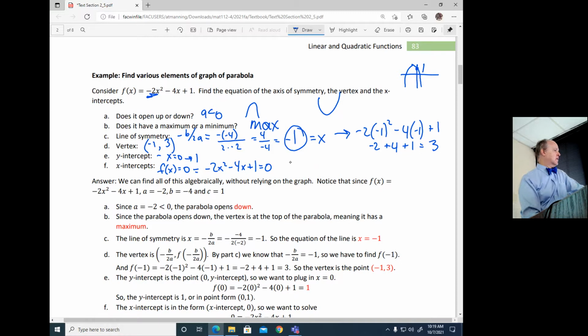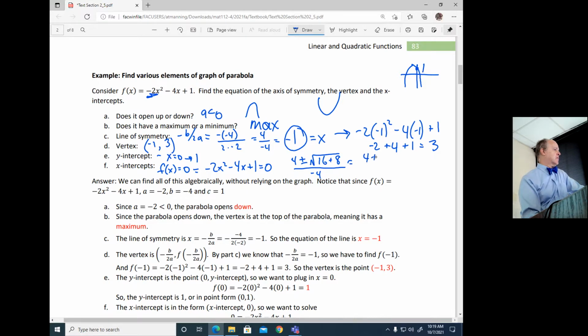Negative b, 4, plus or minus the square root of b squared, 16, minus 4 times a, negative 2, times c, 1, or 16 plus 8, all over 2 times negative 2, or negative 4. 16 plus 8 gives me 24.